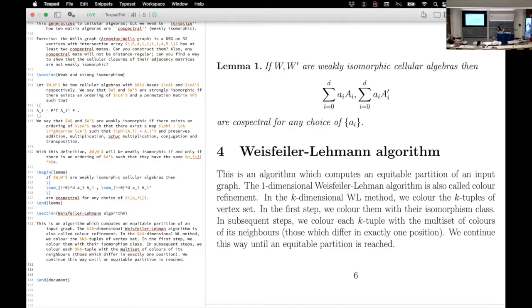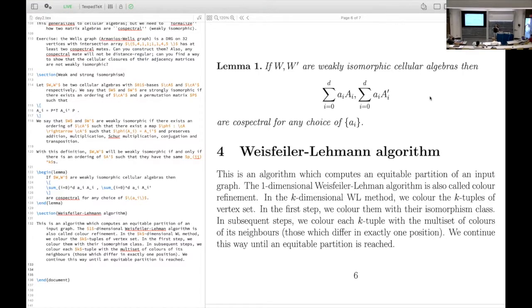But there was something that I did want to state. There are very many characterizations of which graphs will be distinguished by the k-dimensional Weisfeiler-Lehmann algorithm. There is a classical result of Lovász that if you count the number of homomorphisms from an arbitrary graph F into your graph G, and then count the number of homomorphisms of F into a graph H, then G and H are isomorphic if and only if these numbers are the same for the class of all graphs.